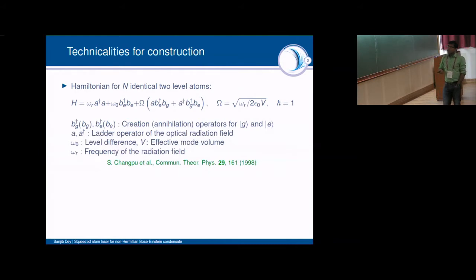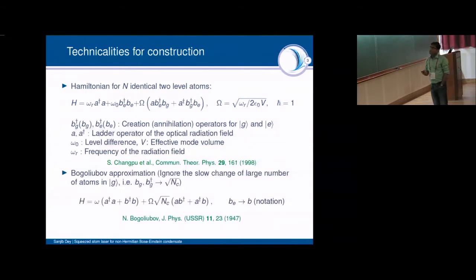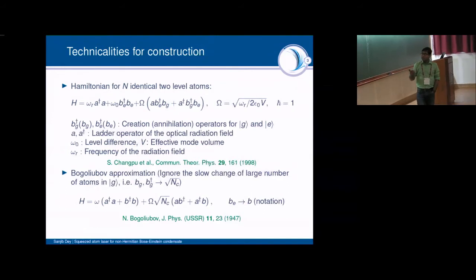With this Hamiltonian it is slightly difficult to solve, so one takes some approximations. The Bogoliubov approximation is very nice in this sense, which means that we don't need to consider the change of the atoms in the ground state, because the number of atoms in the ground state is very large. So we neglect that, and we can replace V_G and V_G dagger by the square root of N_c, so that we arrive at this Hamiltonian.